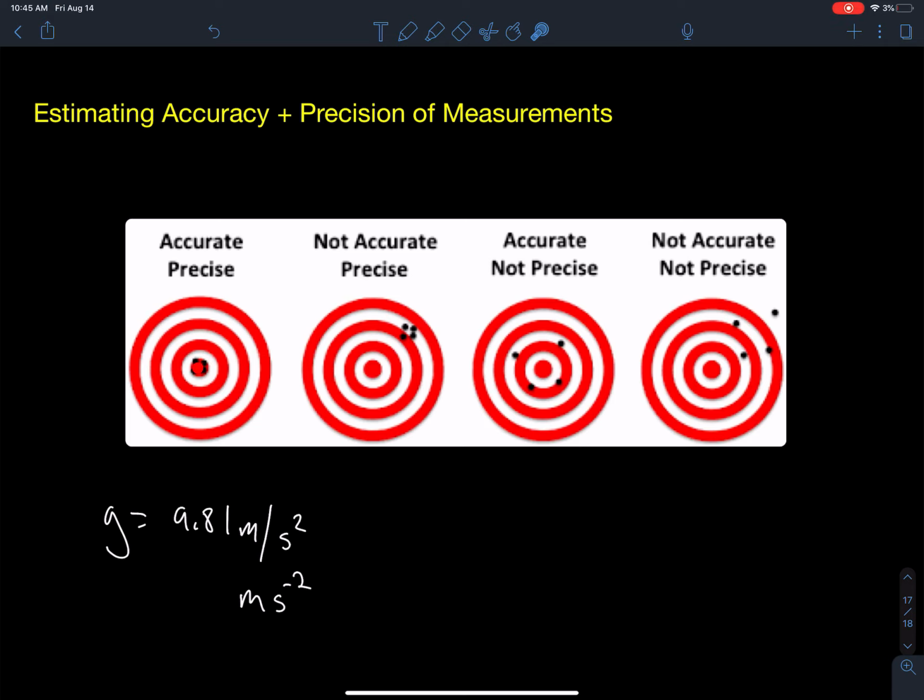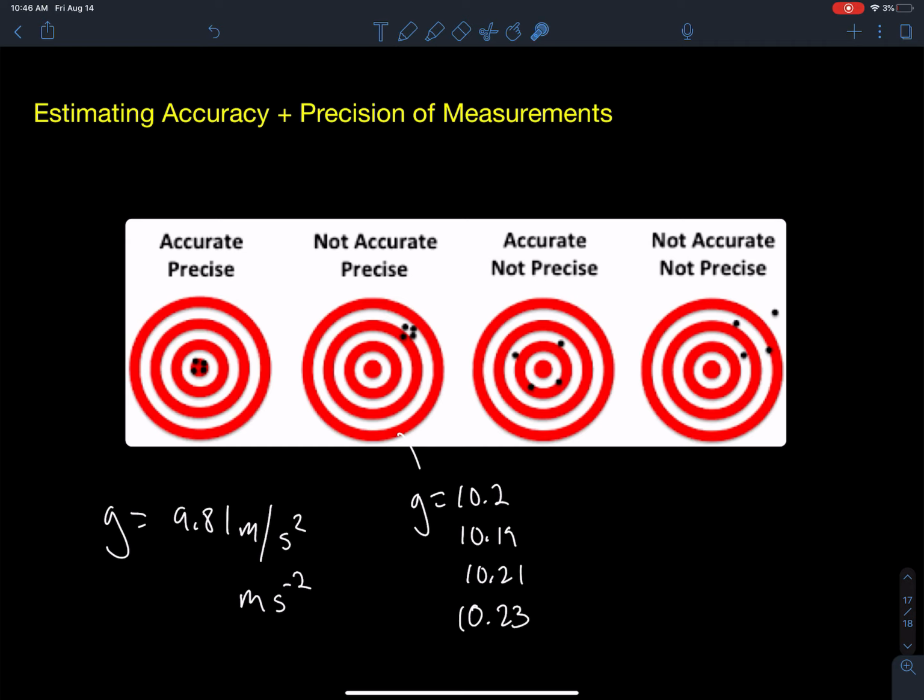All my measurements are the same. Then in that case, they would all be accurate and precise because the actual value is 9.81 and all my measurements are very close. On the other hand, let's say that I did a bunch of measurements and I found that the acceleration of gravity is 10.2, and in the other 4 experiments, it's 10.19, 10.21, and 10.23.